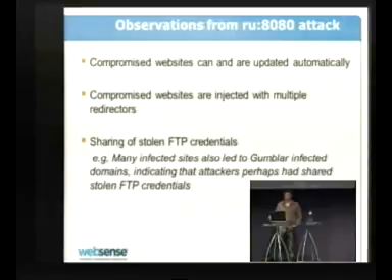So observations from this particular attack that Fireshark was able to show me was that the compromised websites were updated automatically. As we saw before, the websites were injected with multiple redirectors, and this was actually found out through manual analysis. But it's my belief that the majority of these sites were compromised via stolen FTP credentials, and that's because the same sites I was actually able to correlate the data with Gumblar.